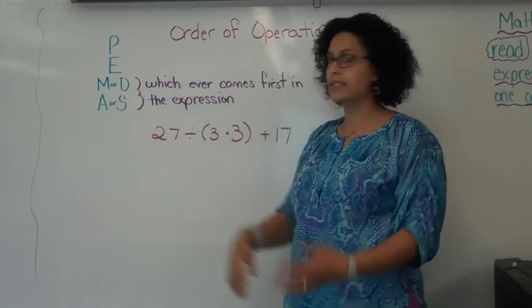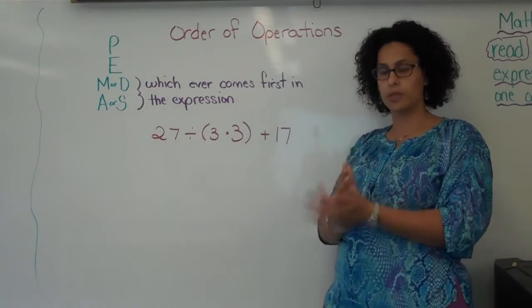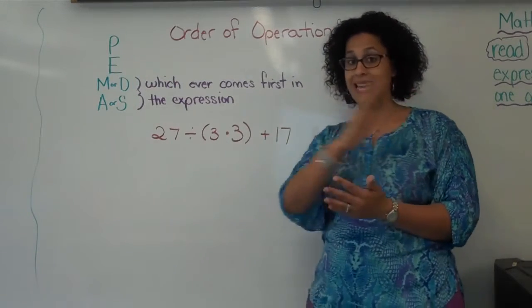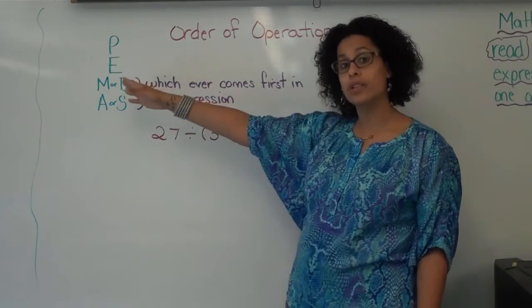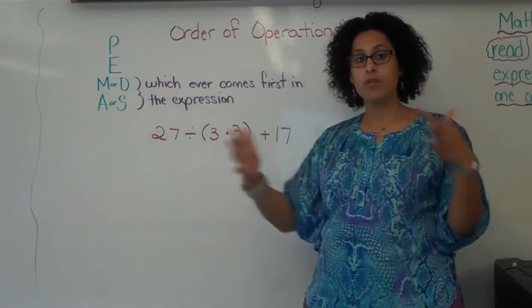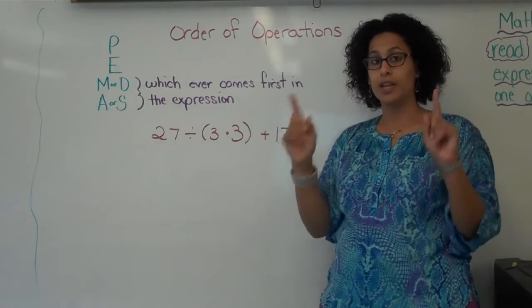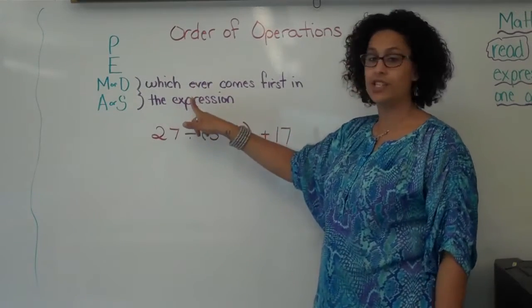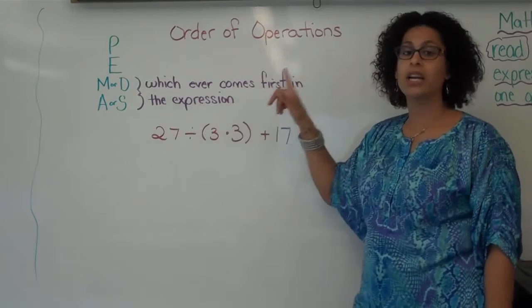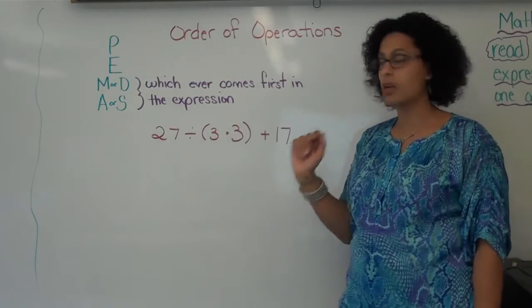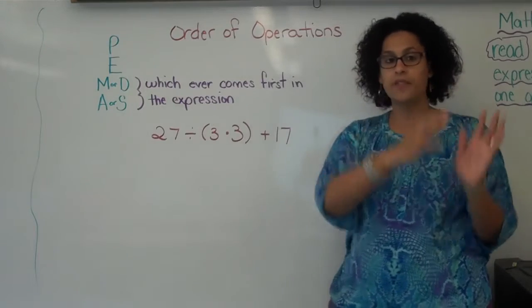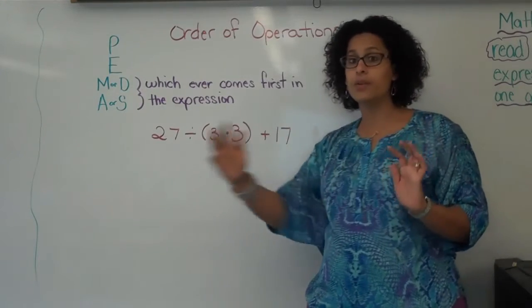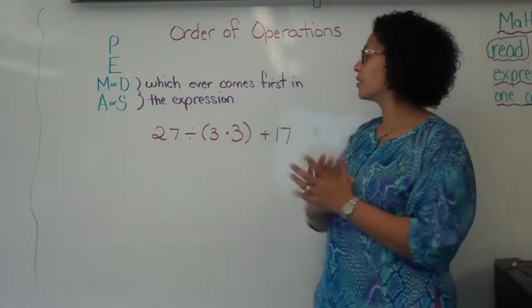So we're not going to necessarily do parentheses, exponents, multiplication, division, addition, subtraction in that specific order. If we get to an equation that has multiplication or division, it doesn't matter which one we do first. The important thing is we need to do whichever one comes first in the expression. So if we have an equation with multiplication and division, and the division comes first, we do the division first. We do it in order as we see it.